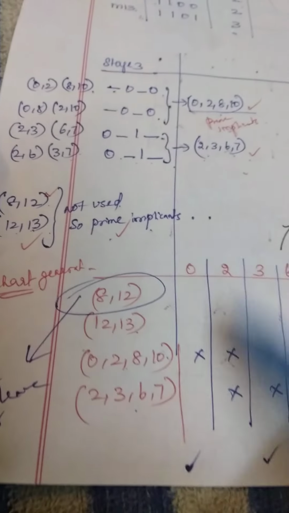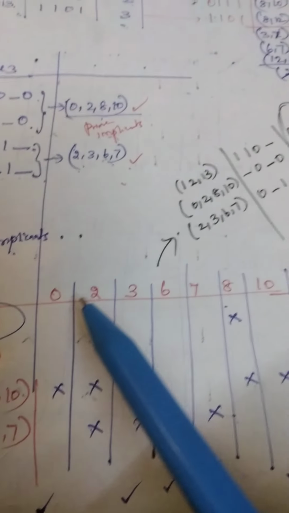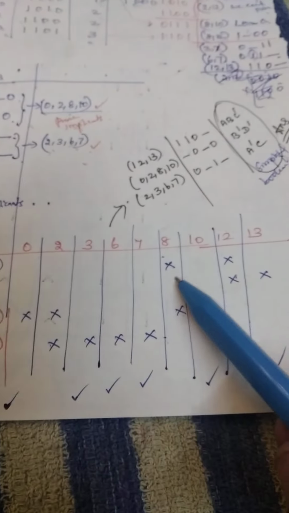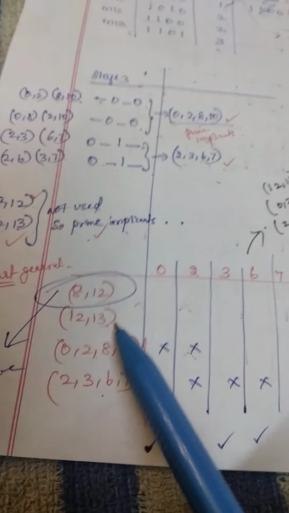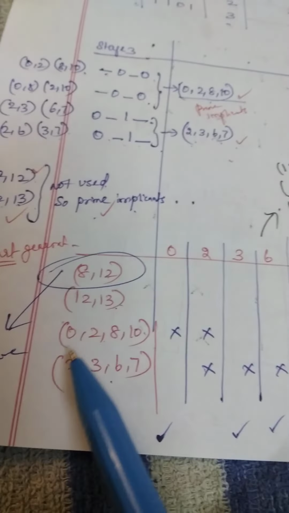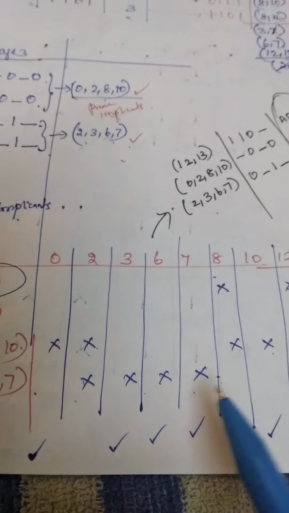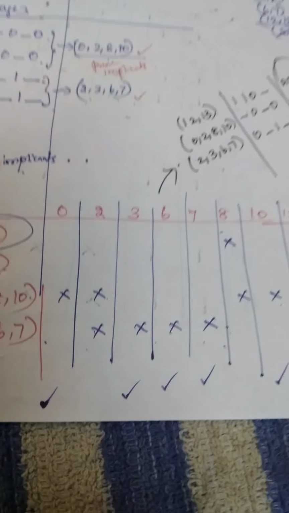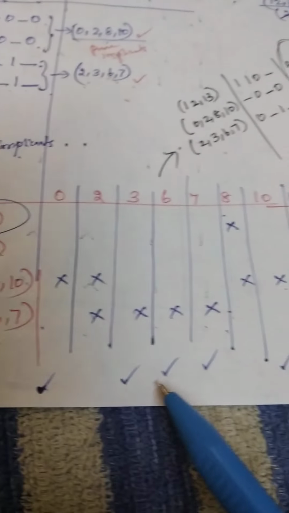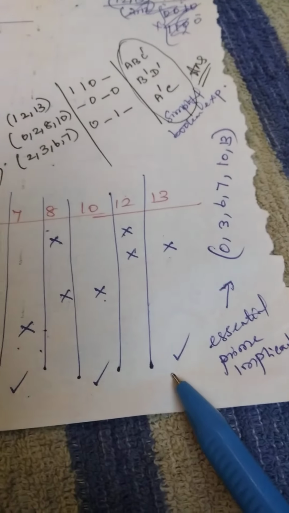In general we need to put a chart, with all the given values here. Then you mark, for each prime implicant, the values it covers: 8,12; then 12,13; then 0,2,8,10; then 2,3,6,7. Which are unique? Just see which columns have a mark only one time. This one, this one, this one, this one and this one.